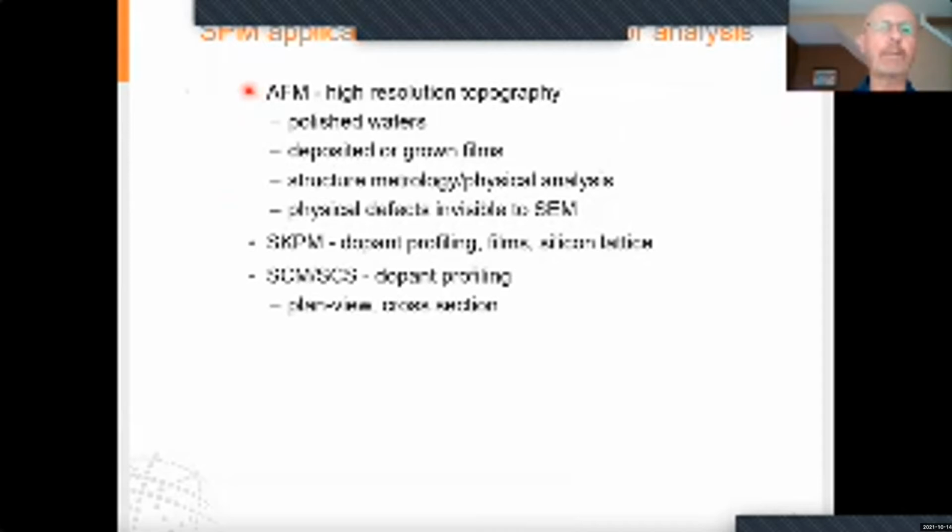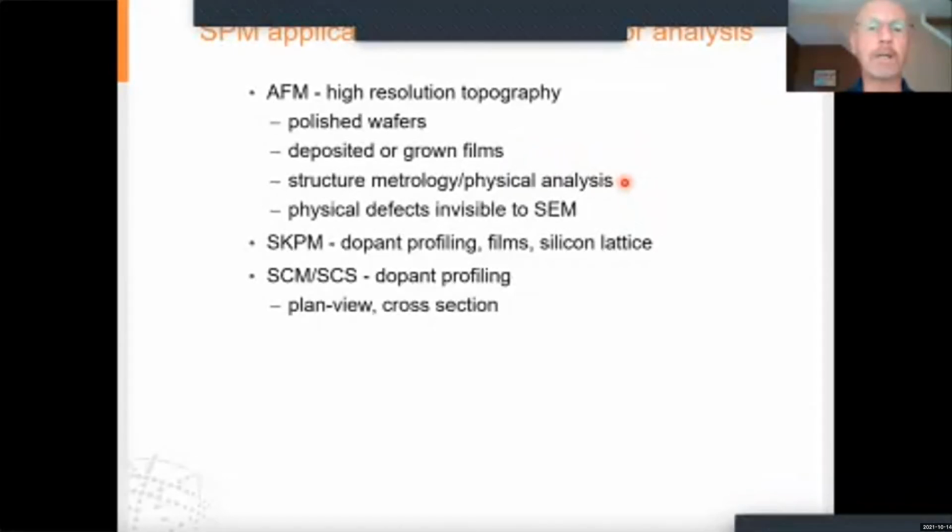With regard to AFM for topographic analysis, AFM can be used for high-resolution topographic analysis, and it can be used anywhere from incoming polished wafers to deposited or grown films for making an assessment of deposited or grown films during the fabrication process. Also, structure metrology or physical analysis, actually performing dimensional analysis, especially at silicon level, to ensure that structures are their appropriate sizes.